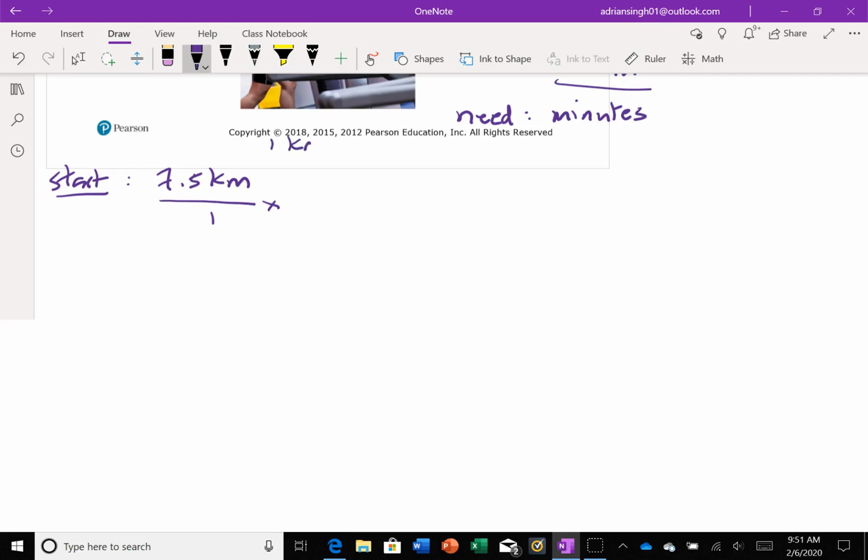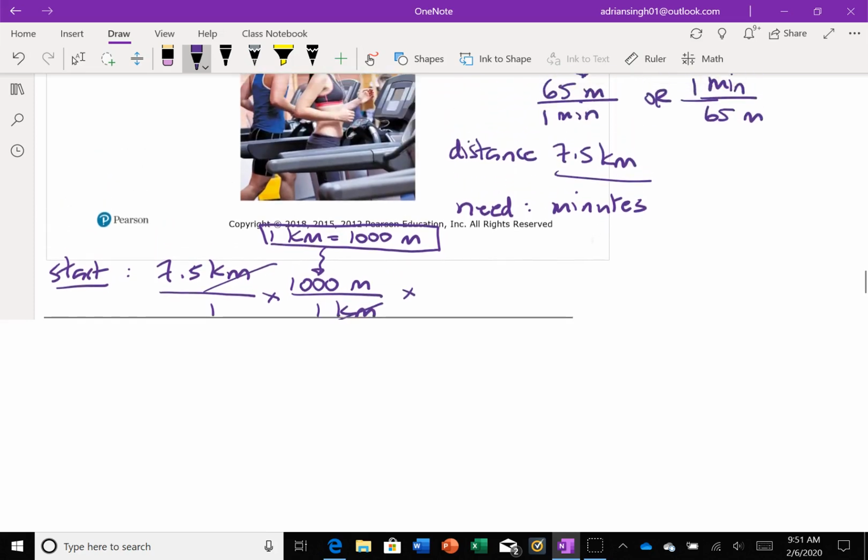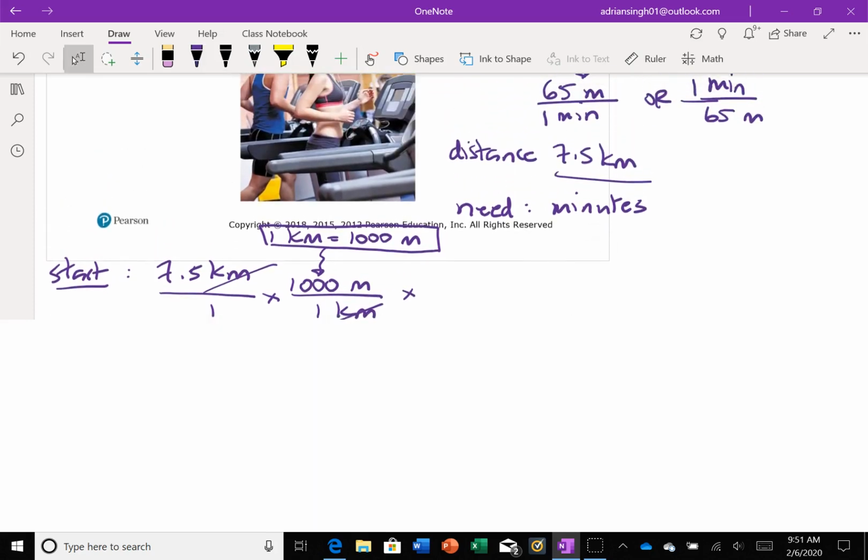So 1 kilometer equals 1,000 meters. That's an equality. We can turn that into a conversion factor and stick it in right here. If you want to end up with meters, we're going to put that on top. So 1,000 meters for every kilometer. Kilometers cancel.